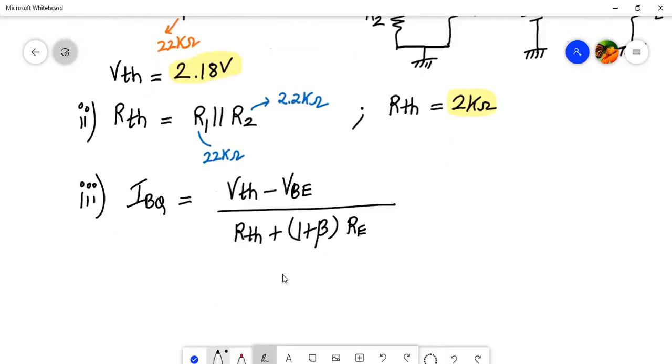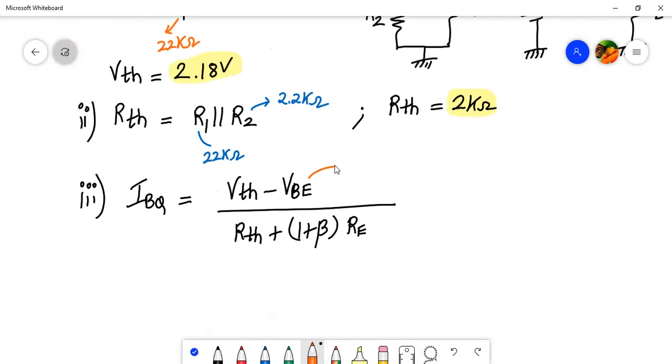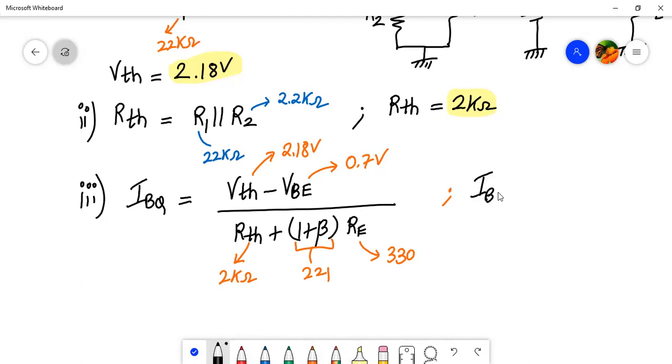Correct? So now the value of VBE is 0.7 volt. VTH we calculated is 2.18 volt. RTH is 2 kilo ohm. I think beta value is 220, right? So this factor will be 221 and RE value is how much? It's 330 ohm, right?